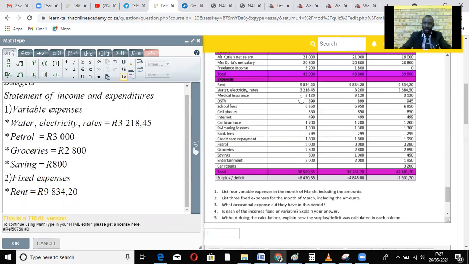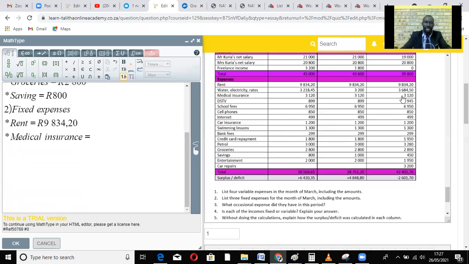You notice that the expense on medical insurance in March stayed the same as the one budgeted, even the one that was actual. So medical insurance did not change.